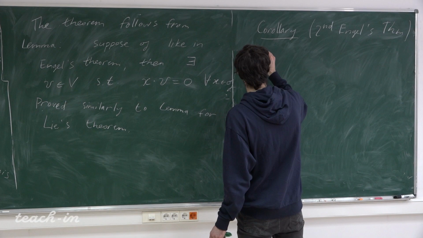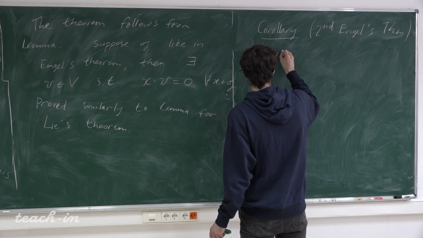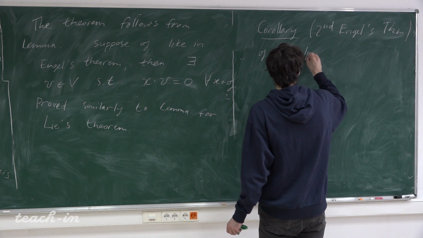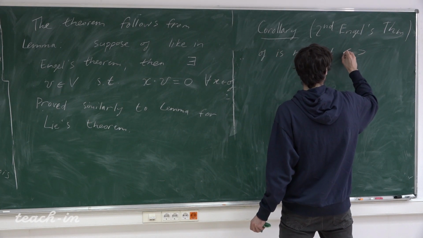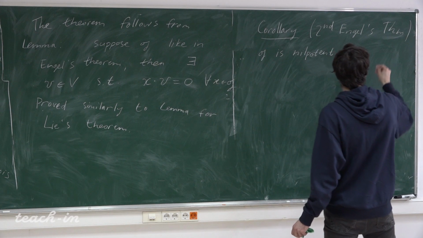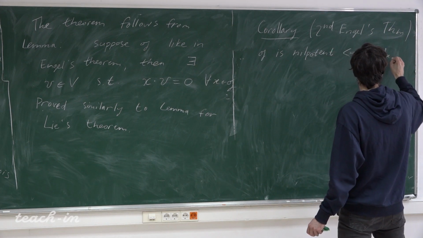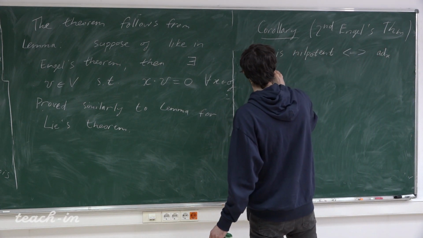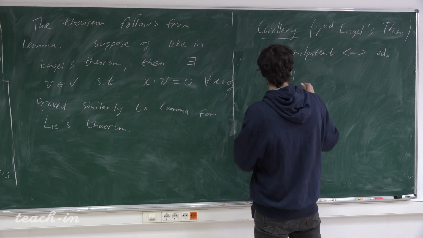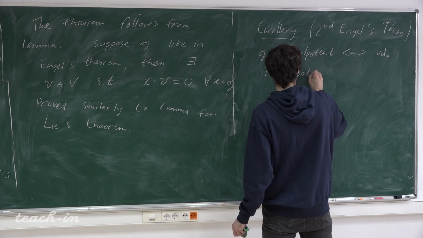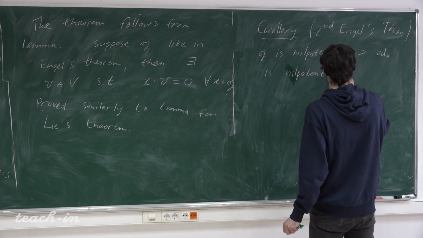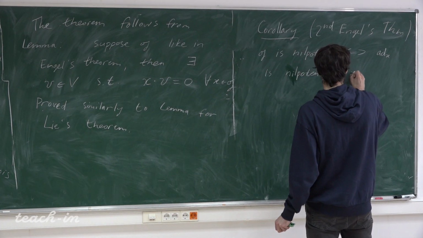It says that a Lie algebra g is nilpotent if and only if ad x is nilpotent for every x in g.